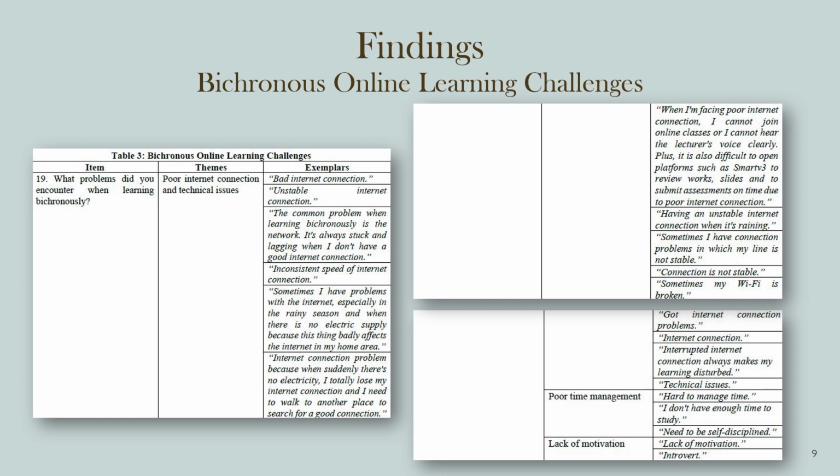The qualitative data gathered from the two open-ended questions, on the other hand, were analyzed using thematic analysis. Item 19 posed a question on what problems did you encounter when learning bichronously. Table 3 here illustrates that the predicaments faced by some respondents in learning bichronously were mostly poor internet connection, poor time management, and lack of motivation.